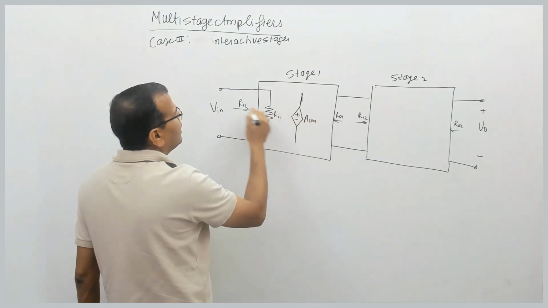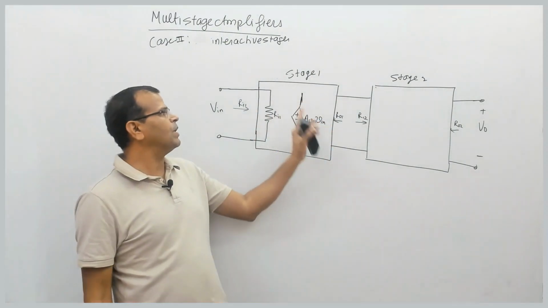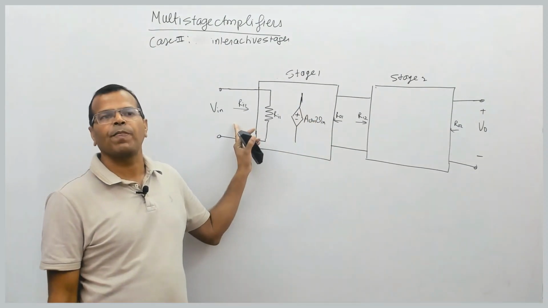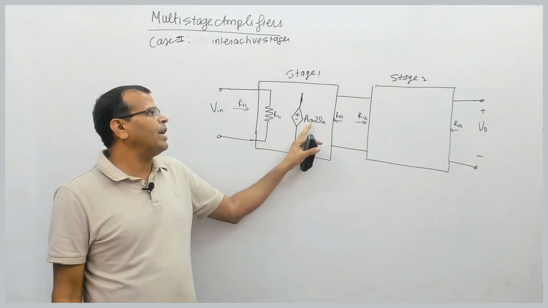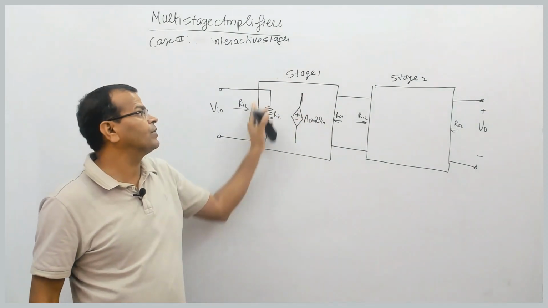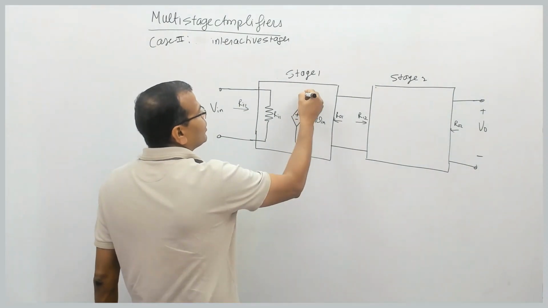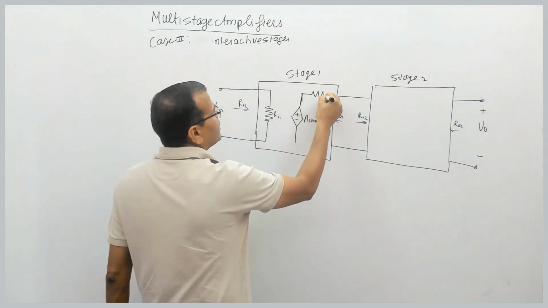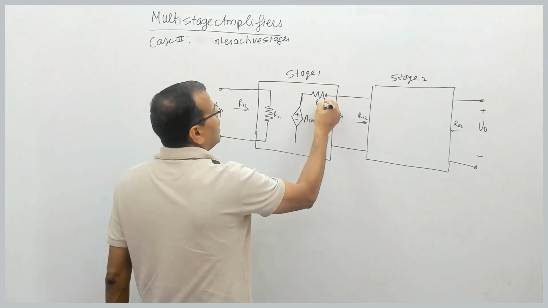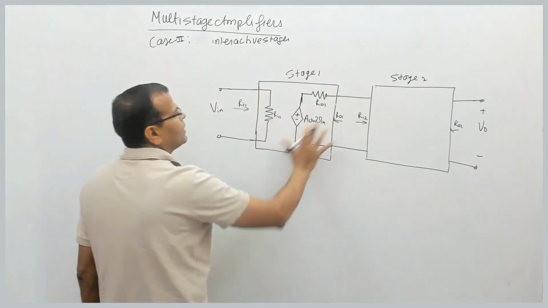So voltage gain of this stage multiplied by input voltage. And this AV01 is nothing but the open circuited voltage gain of stage 1. Fine. And if it is a voltage source, we connect our resistance here on the output side of stage 1.